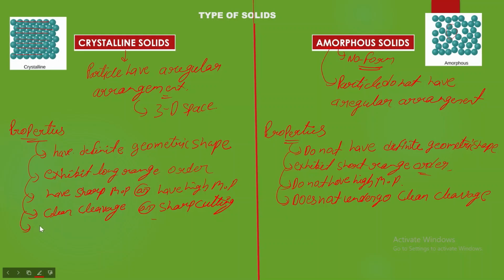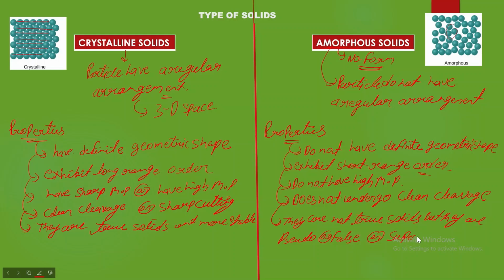Next property: crystalline solids are true solids and more stable, whereas amorphous solids are not true solids but pseudo, or false, or supercooled liquids.